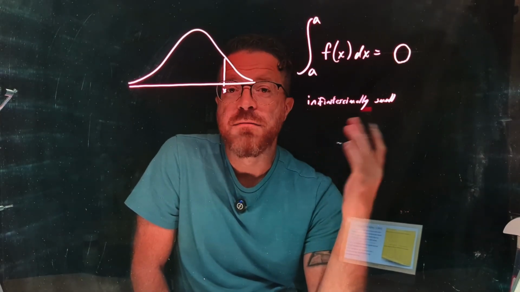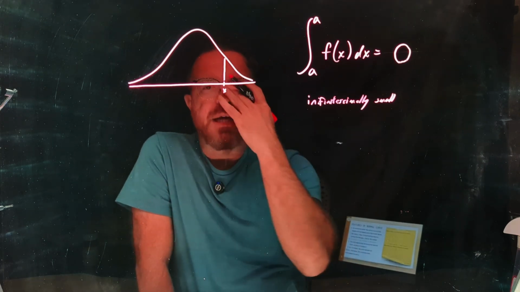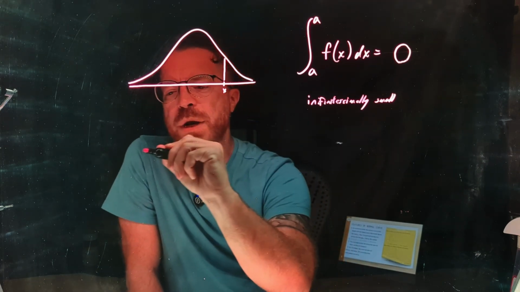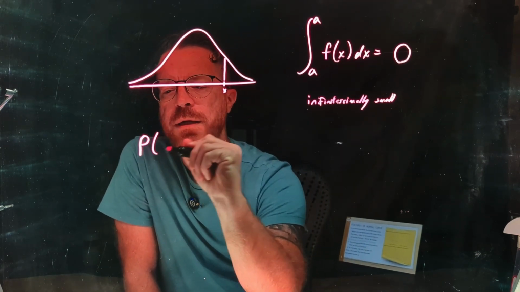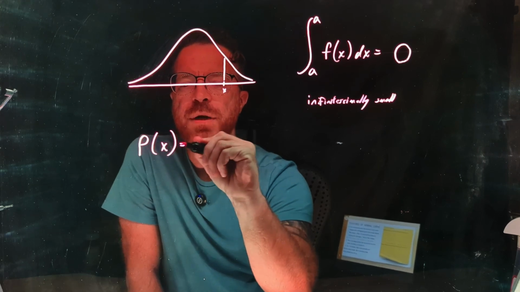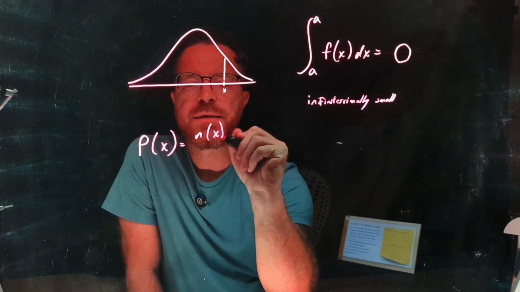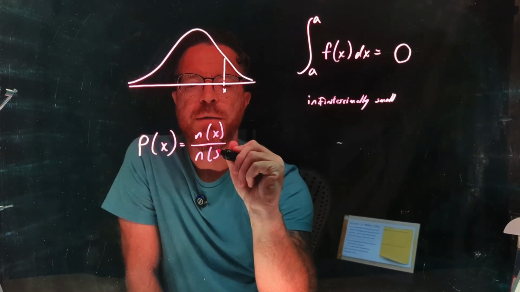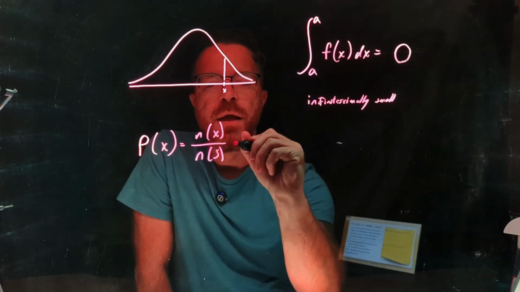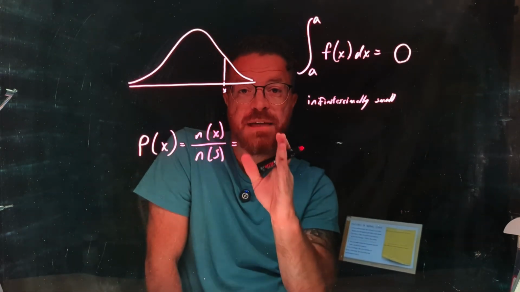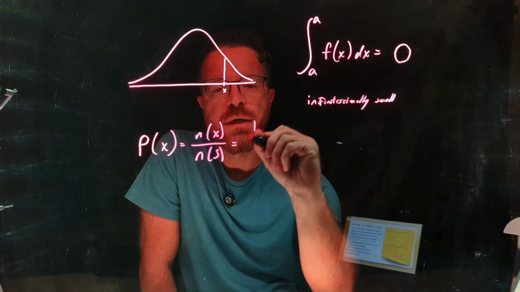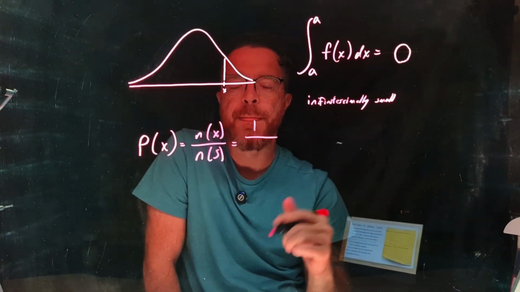So for all intents and purposes, the probability, if I have an infinite number of possibilities, would be 0. Let's try to put it in context of what we did in probability. When I asked you to find the probability of a point x, it was the number of outcomes in x divided by the number of outcomes in the sample space. And if I'm asking you to find a specific outcome, that means that there's only one of that outcome.